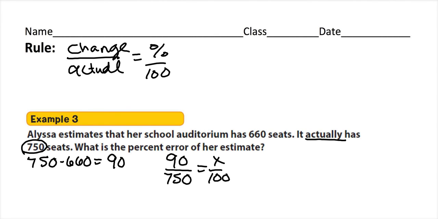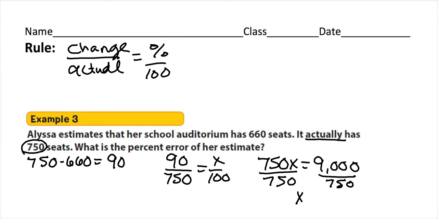750 times x would be 750x. 90 times 100 would make it 9,000. We're going to divide by 750, and that's going to be 12.